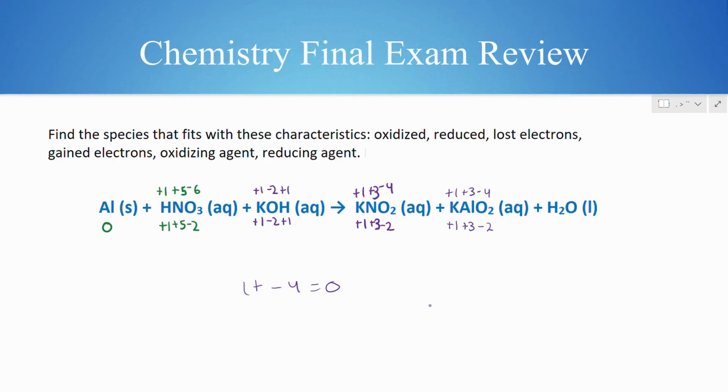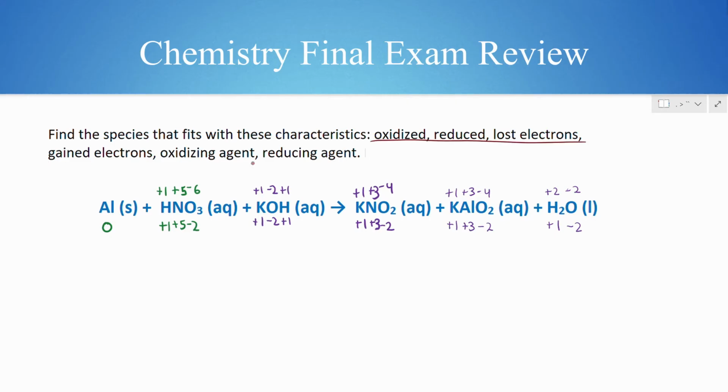And finally, we have water, H2O. Each oxygen is -2. In total, that's -2 for oxygen. Hydrogen's oxidation number is +1 for each, but in total, because there's 2, it's +2. Now we need to look at where the oxidation numbers changed and for which species those were, and then we can assign these labels.